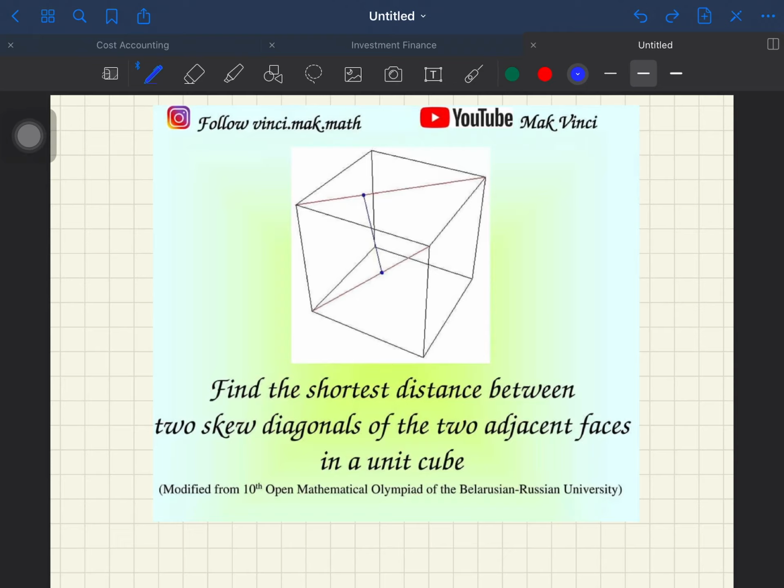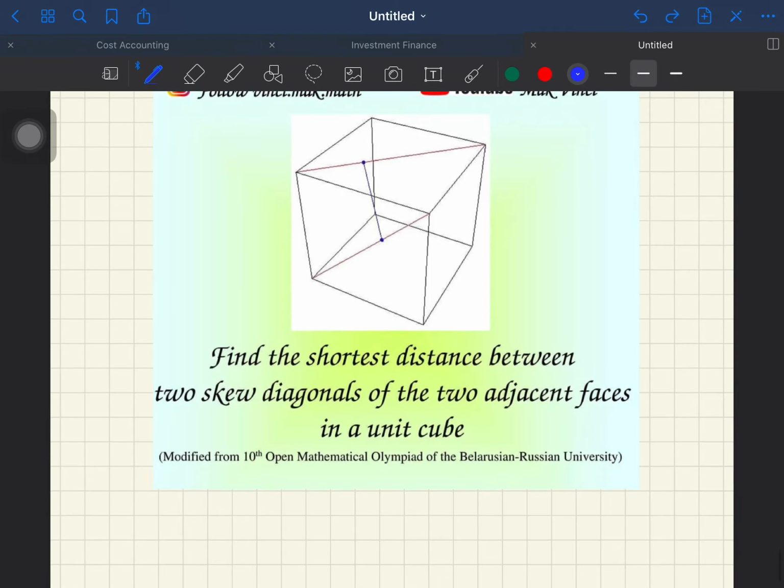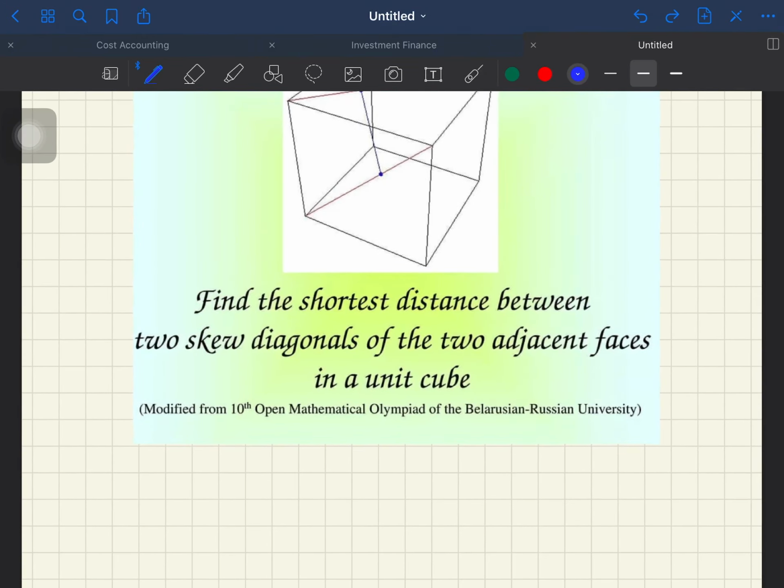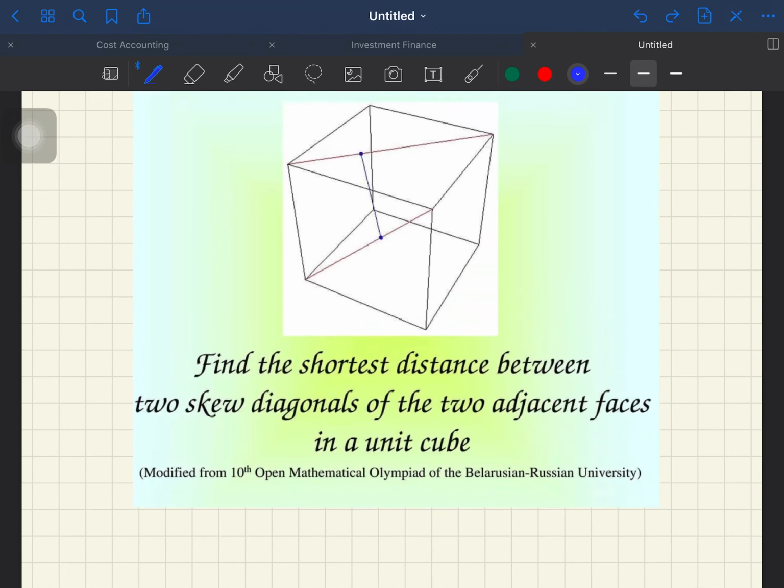Okay, so you might have paused the video and tried, and I assume some of you have a correct answer, some of you might not, and I will try to review the answer. The shortest distance between these skew diagonals is actually 1 over the square root of 3, which is this one.